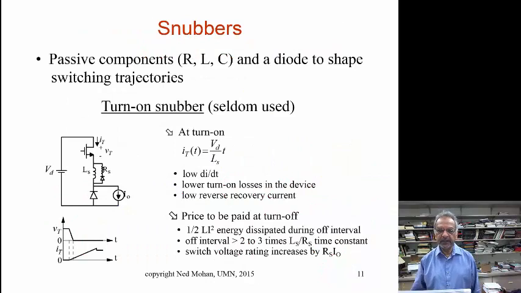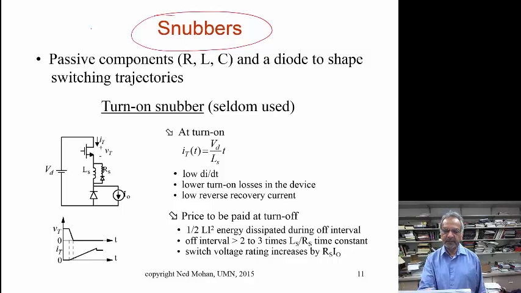So there are certain options we have. One is the snubber circuit, and we'd rather not use it if we don't have to. Here the turn-on snubber that Professor Robbins talks about is very seldom used. So for the sake of completeness, I have included these here. You can look at it at your leisure.